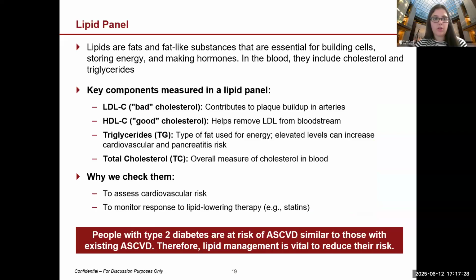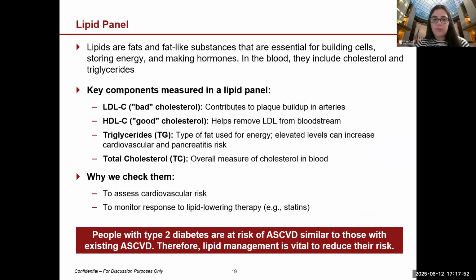Now, moving on to another very important lab test that we do, the lipid panel. Lipids are fats and fat-like substances that are essential for building cells, storing energy, and also making hormones. In the blood, they include cholesterol and triglycerides.